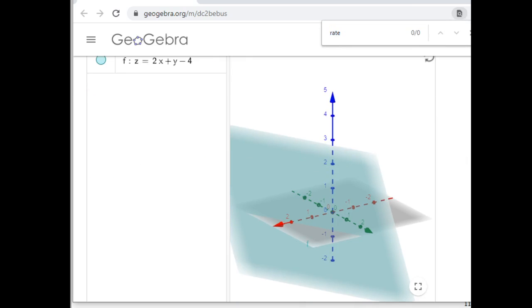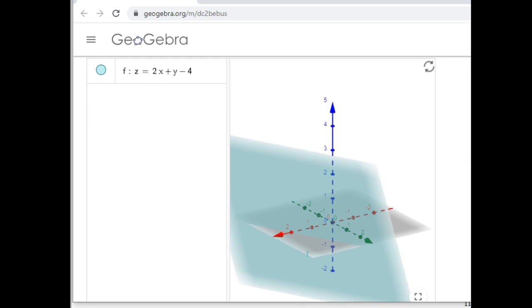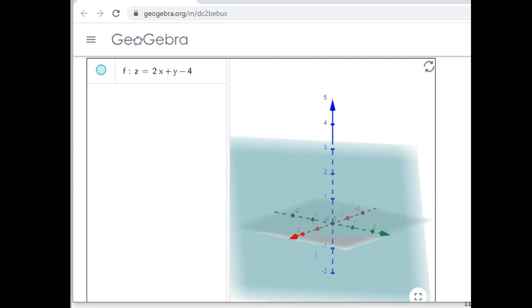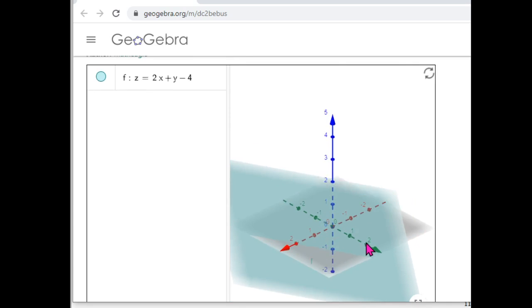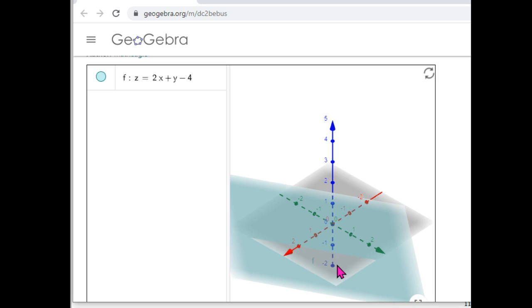Okay, so this is a picture of the graph of the function. Let me scroll up here. Z equals f of x comma y equals 2x plus y minus 4. So you'll see here the x-axis in red, the y-axis in green, and then the z-axis in blue. And so at any specific input, an input consists of an x-coordinate and a y-coordinate.